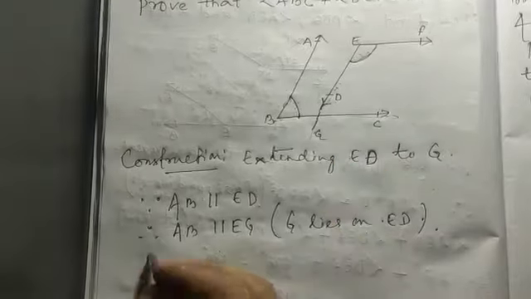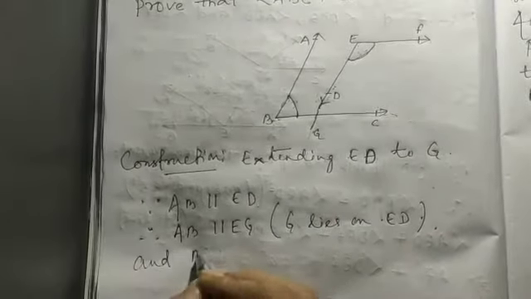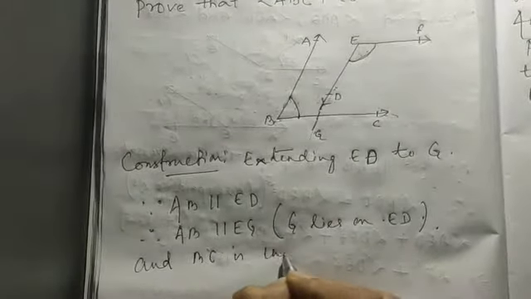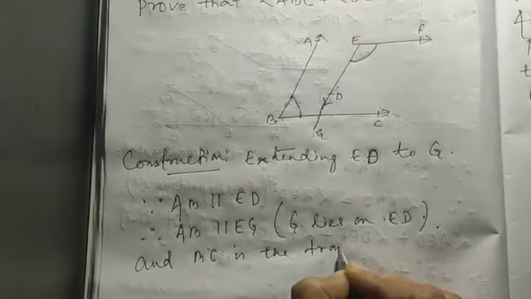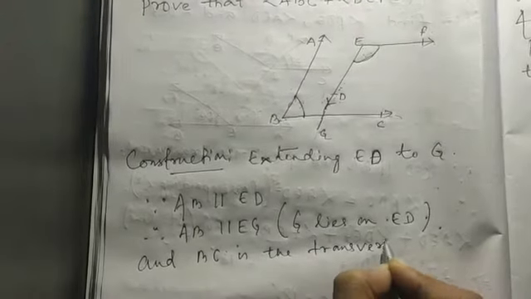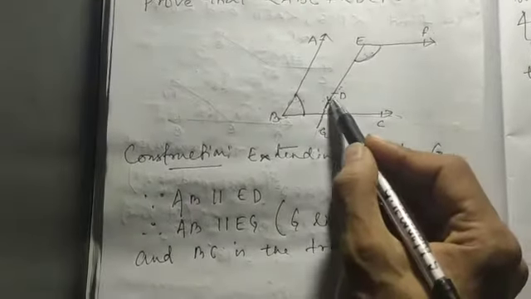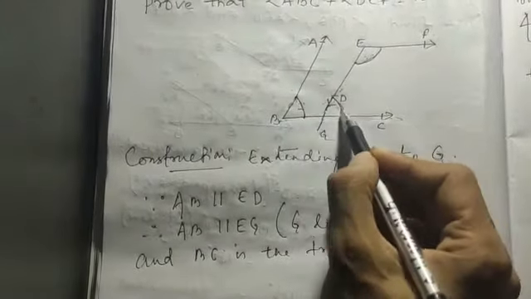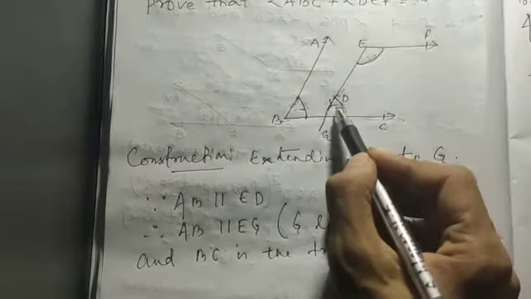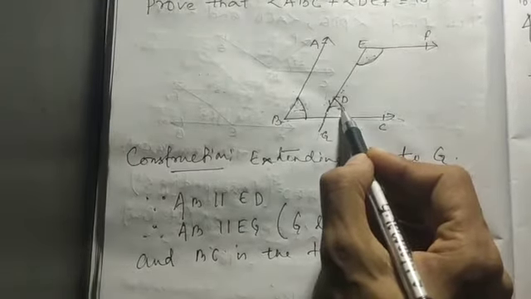And BC is the transversal. So these two angles will be what? Corresponding angles, right?